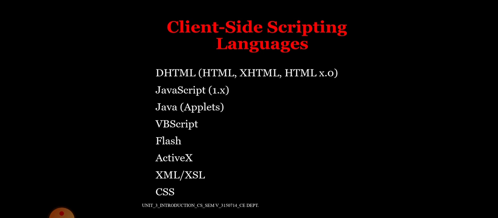Client-side scripting languages we basically use are HTML, XHTML, DHTML, JavaScript version 1.x, Java applets, VBScript, Flash, ActiveX, XML or XSL, and CSS, cascading style sheets, for designing. This is all about designing an application which uses client-side scripting languages.